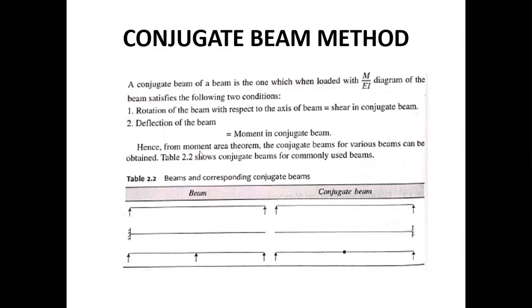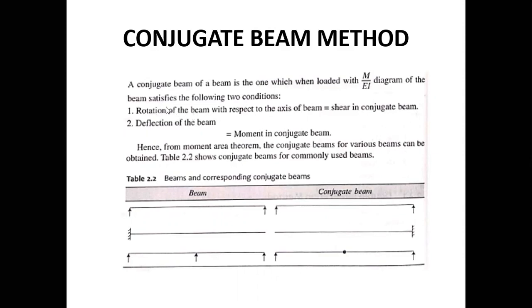So in order to calculate deflection by using this method, there are two theorems. First is rotation. If we are concerned with calculating rotation at any part of a beam, we will simply draw its conjugate beam, and we'll find the shear force at that required point, and that will be equal to the rotation in the original beam.